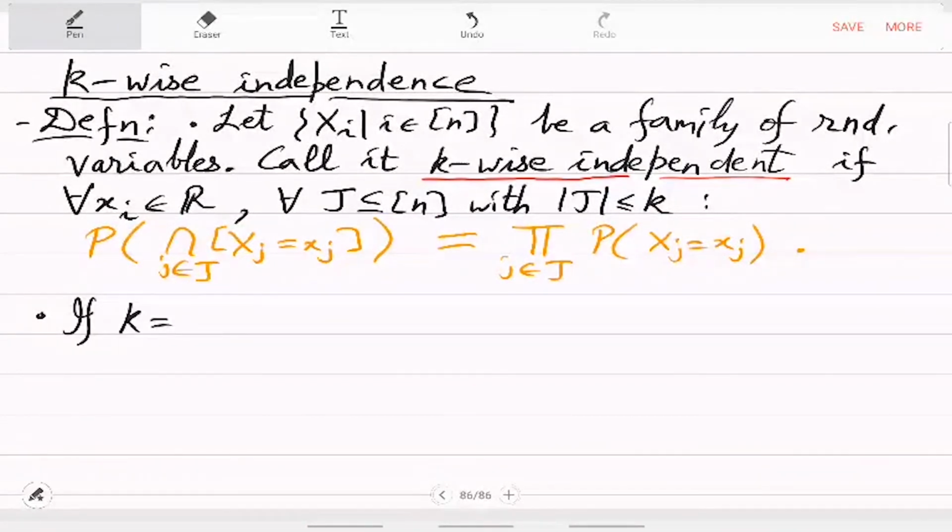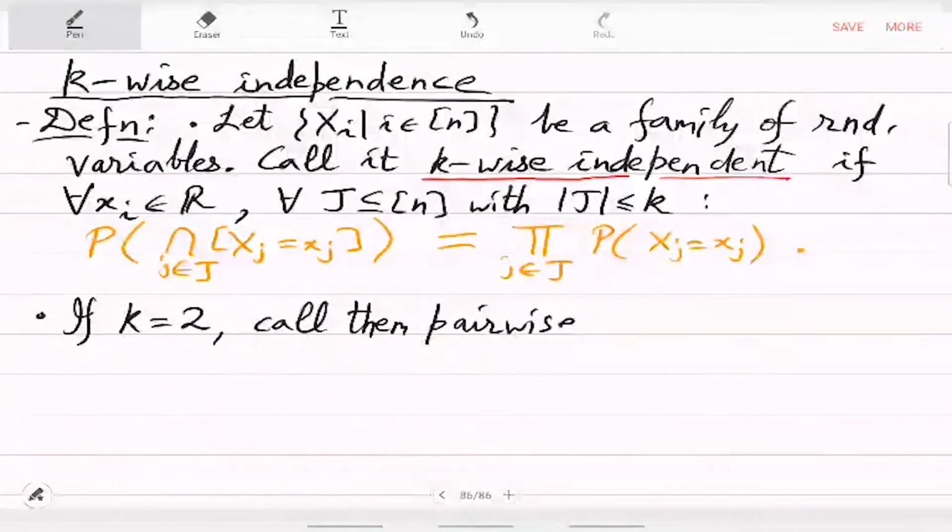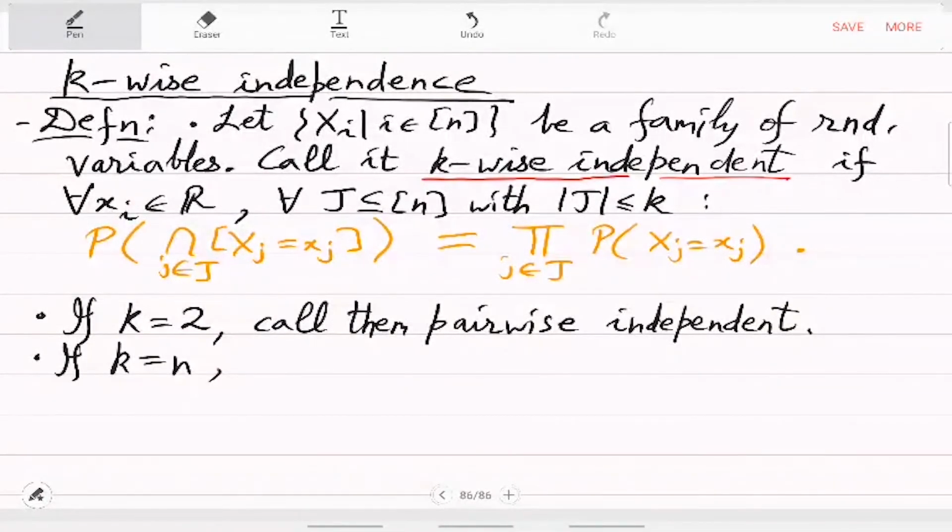If k is equal to 2, then call them pairwise independent. If k is equal to the maximum, which is n, then call them mutually independent.